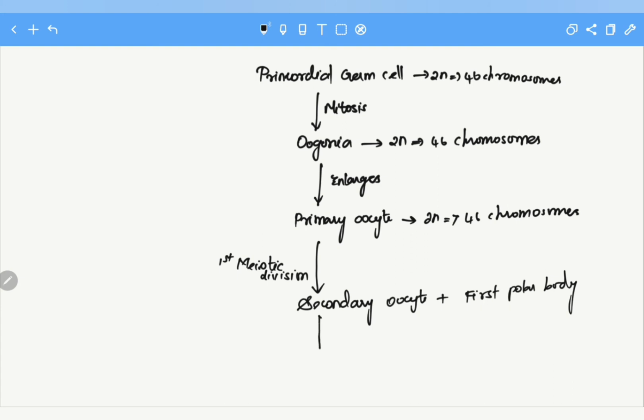If not, it stays arrested in the metaphase stage of the second meiotic division. If it completes, what is the result? It results in a mature ovum and a second polar body.